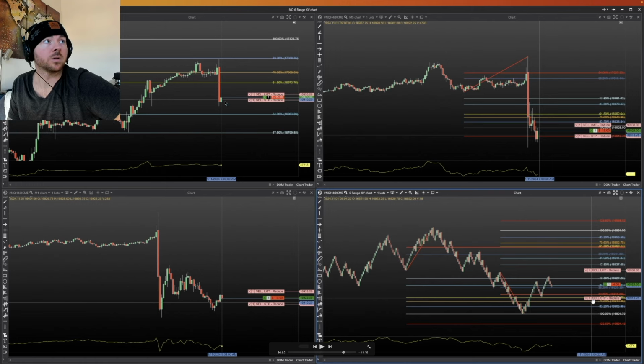Okay, so we did put in what I thought could be a significant high, but I love the counter trend reactions, because I like the quickness of them, and then we put in a low right here. This was the CPI candle here.